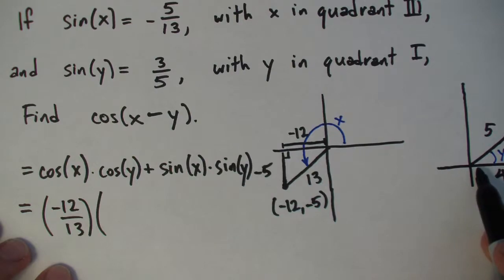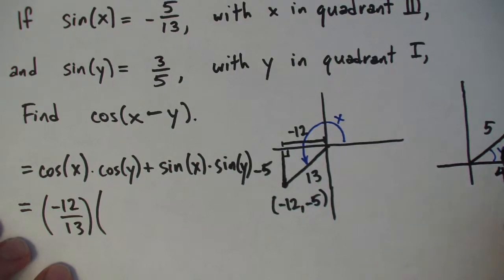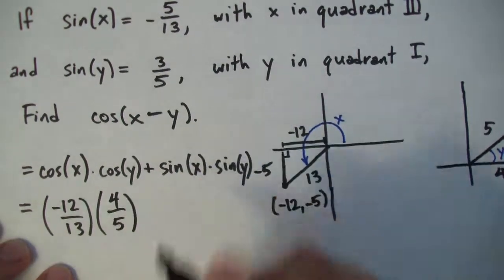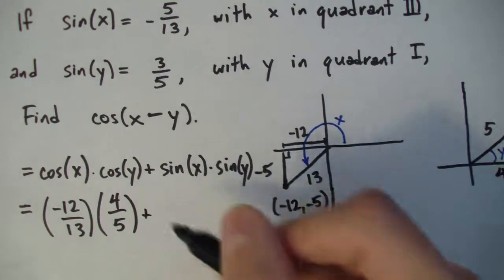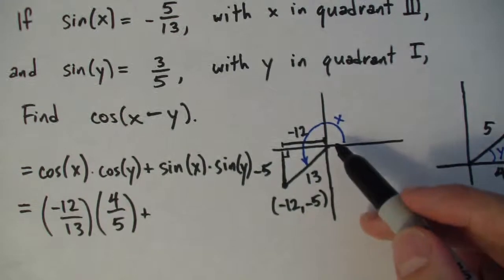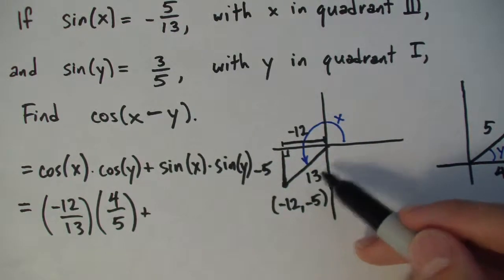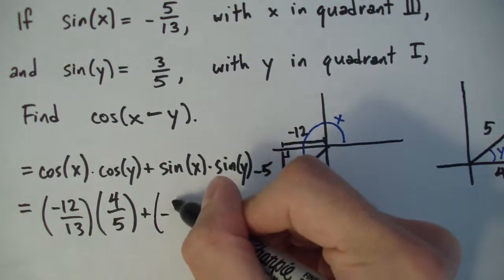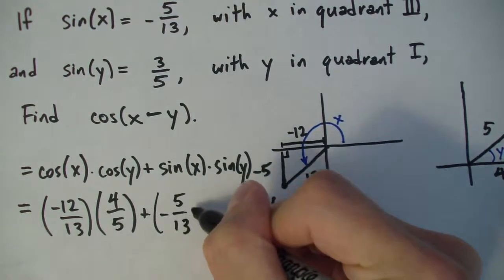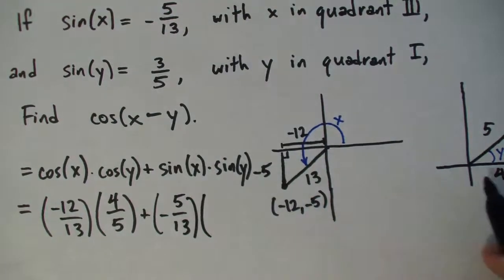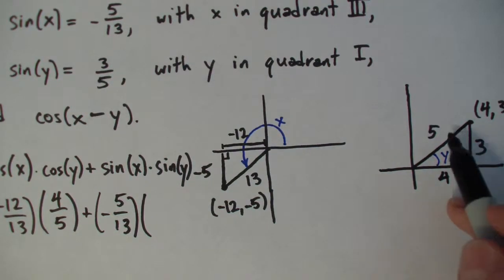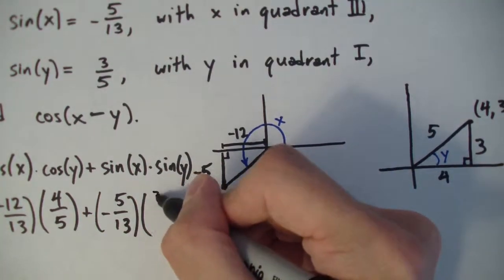Cosine of y is, again, adjacent over hypotenuse, so 4/5. And now sine of x, well, sine is opposite over hypotenuse, and we were told that it's -5/13. And sine of y, we were also told was 3/5, and that agrees with our diagram, right? Opposite over hypotenuse, 3/5.